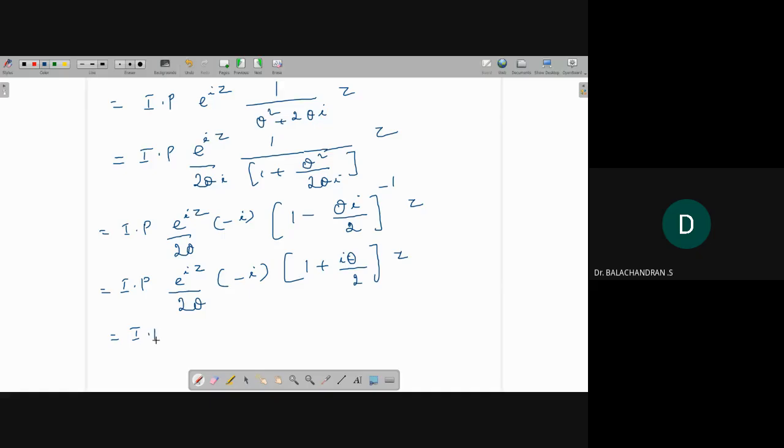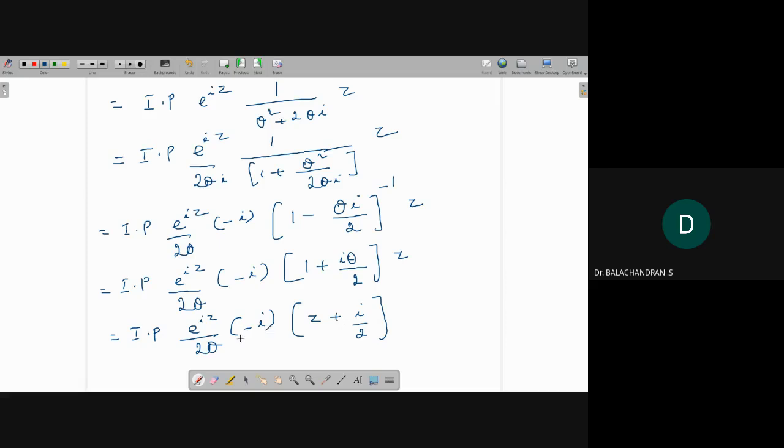So the imaginary part of e^(iz) by 2θ into minus i multiplied by (z + θ of z). It is d by dz of z, which is 1, plus i by 2.